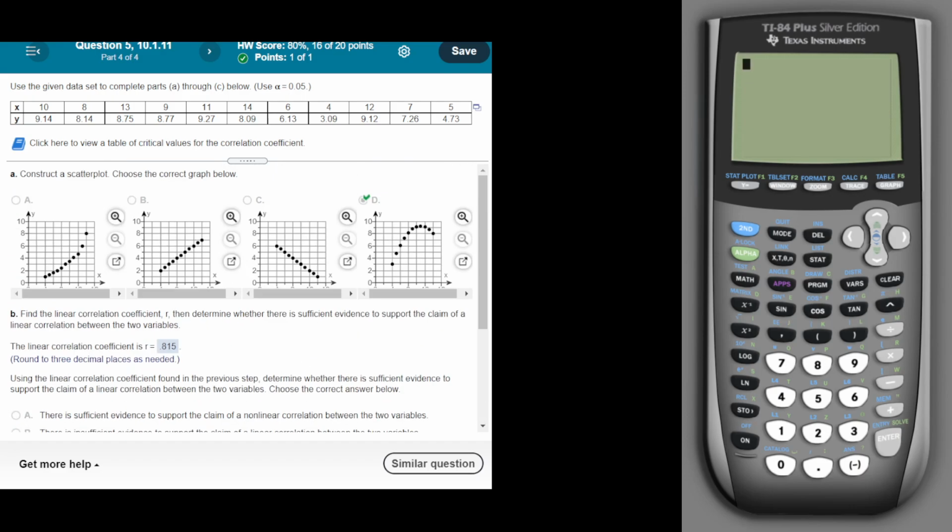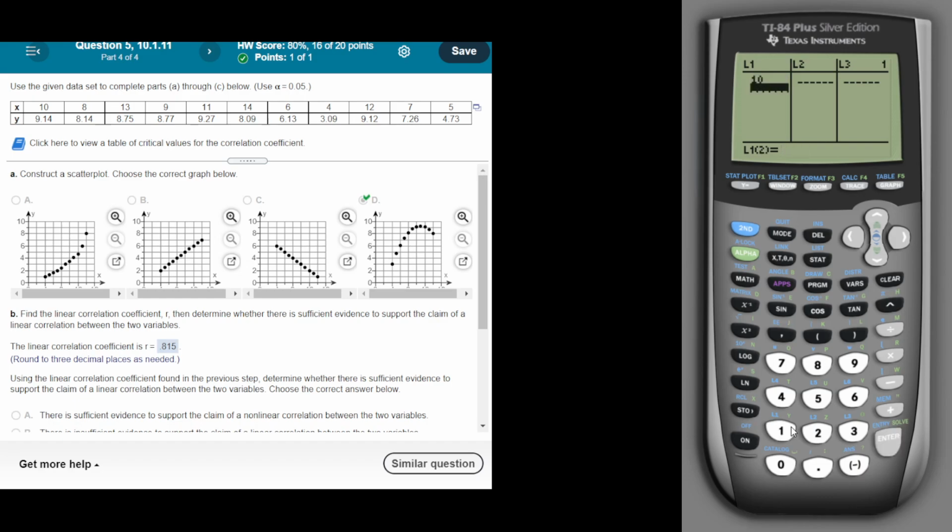First, you go to your trusty stat button. You're going to hit enter on edit, and you put in all of these data sets. They were nice enough to say that the top row is going to be X. The bottom row is going to be Y. Always make your X your L1. So we're just going to put in all the numbers.